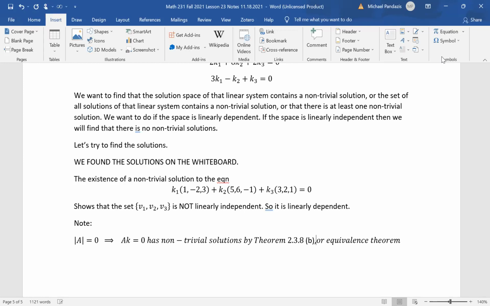I have a quick question. Sure. What would tell us that it has trivial solutions? What would we see that makes us know that? You mean non-trivial solutions? No, how would we know that it does have trivial solutions? Okay, keep in mind the trivial solution is when all the k's are 0, right?